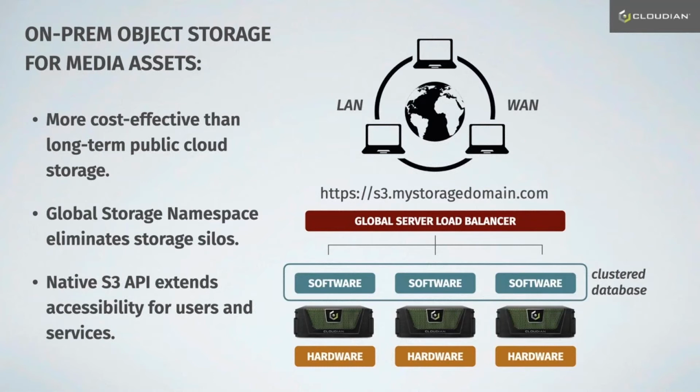As you grow the system, as you scale and add nodes, your storage domain, your URL, s3.mystoragedomain.com, never changes. When you put a global server load balancer behind that, you essentially have all of the high availability and resiliency that the public cloud services provide, because you're routing around failures as disks go offline, nodes go offline, or network segments go offline.